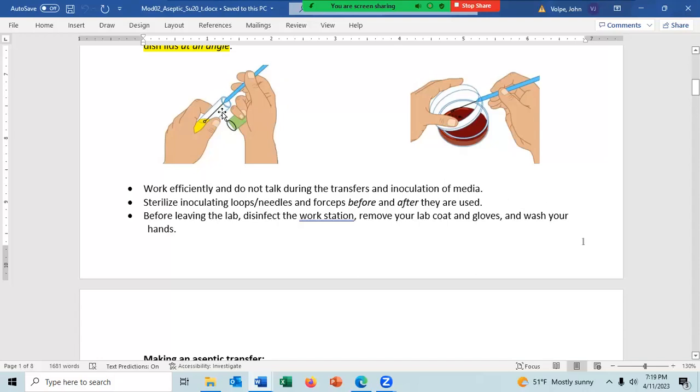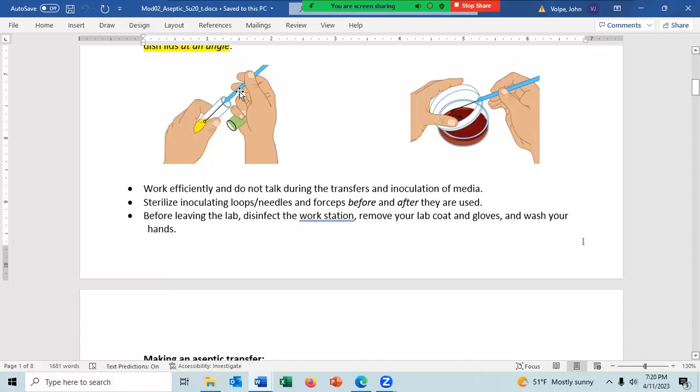So the loop, you notice, has a metal portion and then a handle portion, which is not metal. That's usually rubber, so that when you heat this metal portion, it doesn't burn your hand. The heat doesn't transfer to your hand. Well, the loop portion, the wire portion, can be sterilized by getting it hot. The rubber portion cannot be.